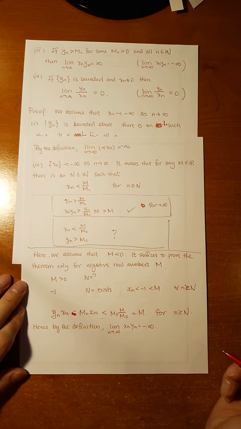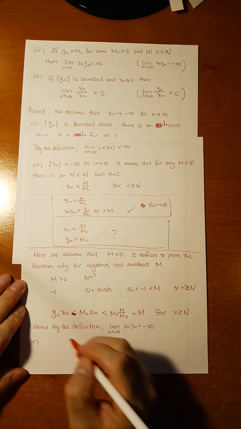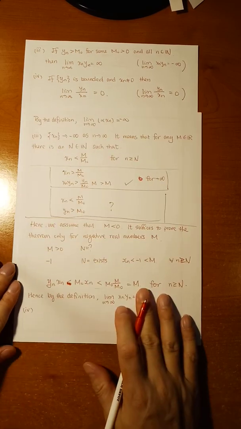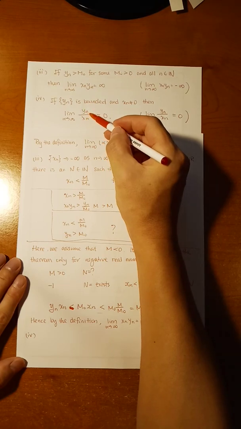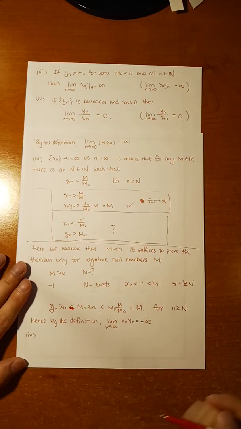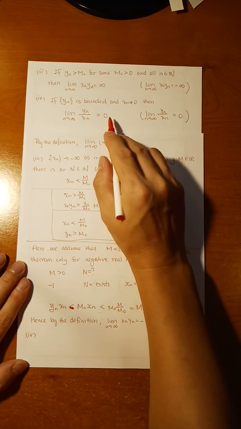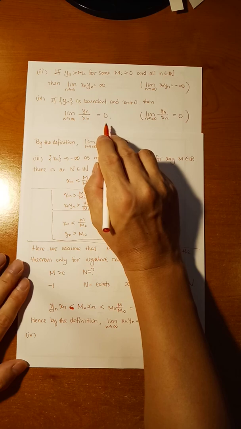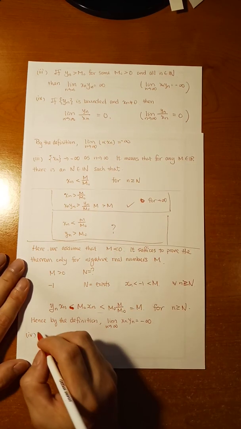Now let's see part 4. In part 4, we are going to show the limit is 0. The numerator is bounded, the denominator diverges to negative infinity. We'll prove the limit is 0. It's a concrete real number, so we have to use epsilon capital N language.